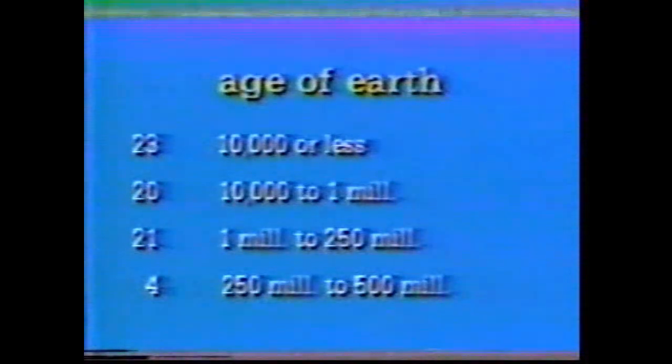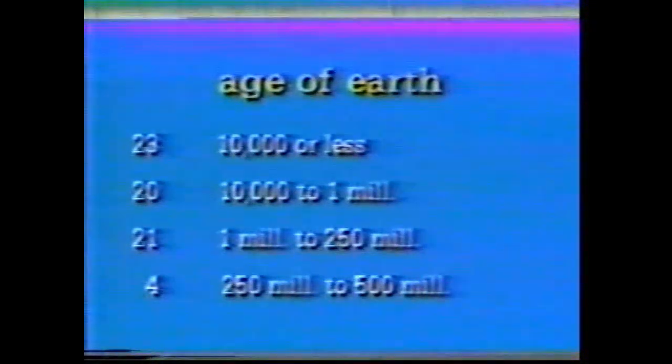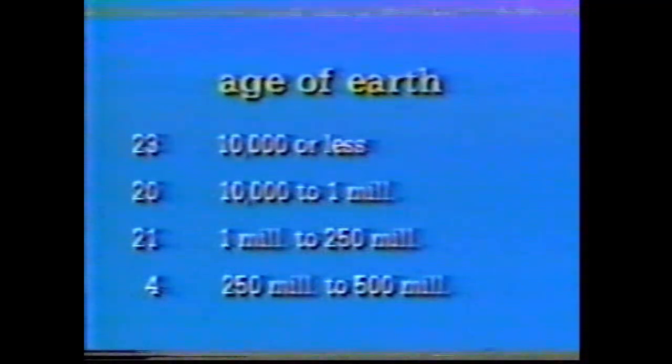This is page 254 of that series. 23 of these estimates by scientific researchers give an age of the Earth of 10,000 years or less, 20 give an age from 10,000 to 1 million years, 21 give an Earth between 1 million and 250 million years, and 4 indicate the Earth is from 250 million years to 500 million years of age.